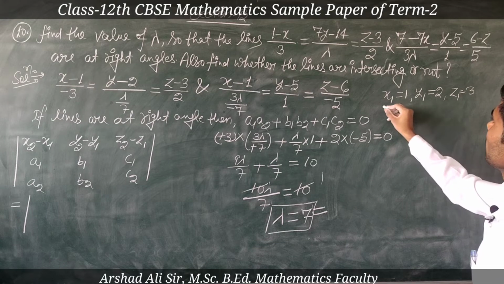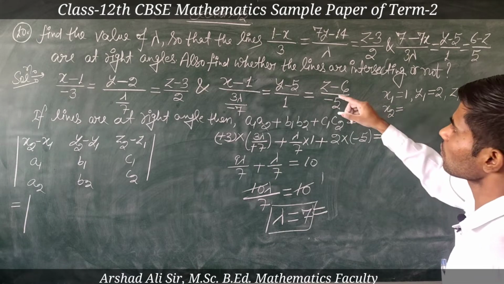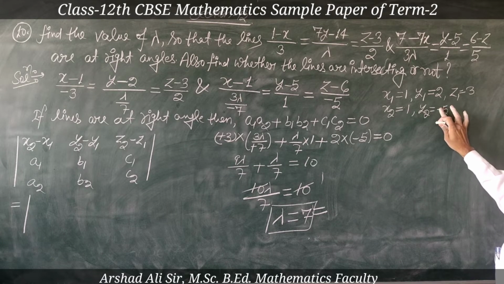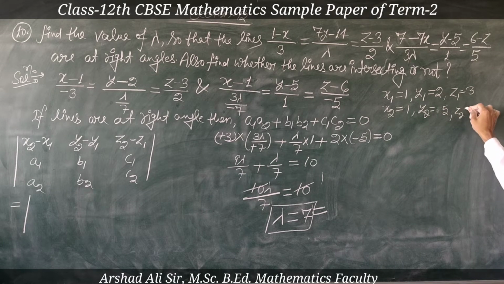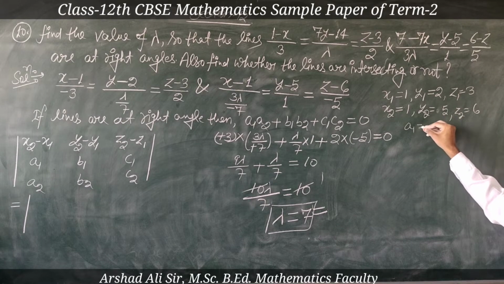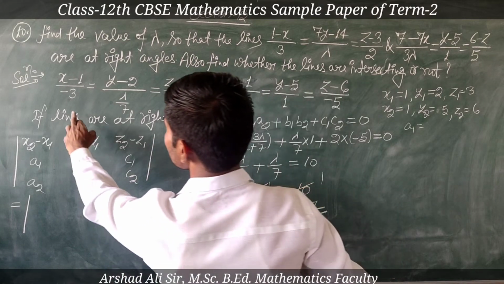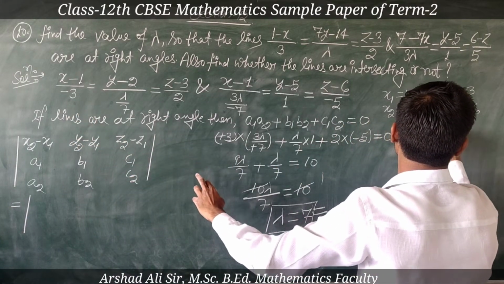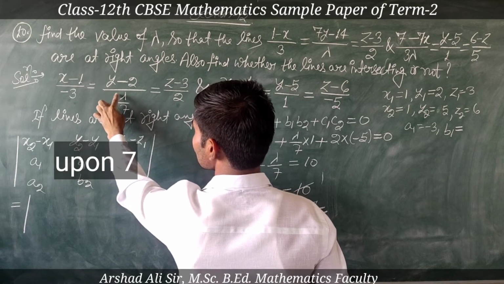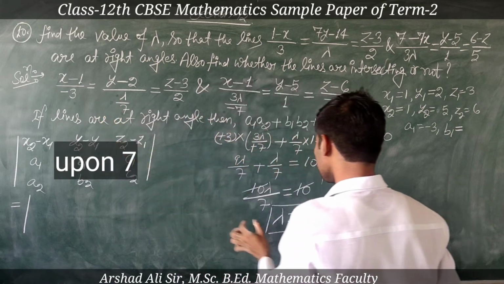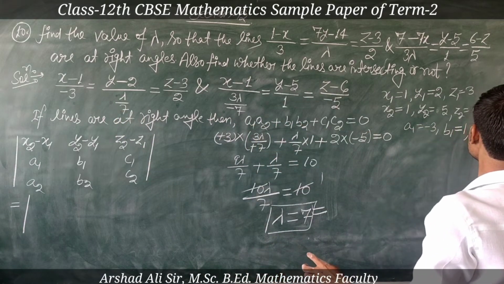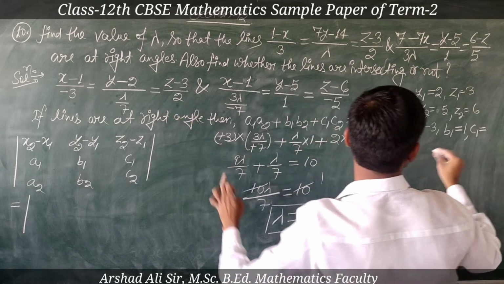Okay, x2 is 1, y2 is minus 5, and z2 is 6. a1 is equal to minus 3, b1 is equal to lambda upon 7. Lambda upon 7 means 7 upon 7, why? Because lambda is equal to 7. So 7 upon 7 will be 1. And c1 is equal to 2.